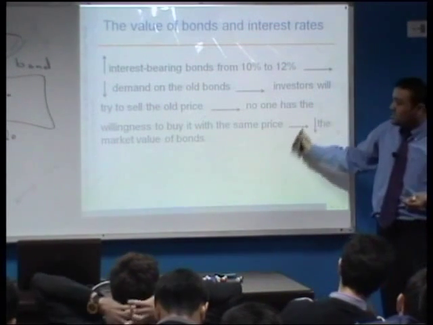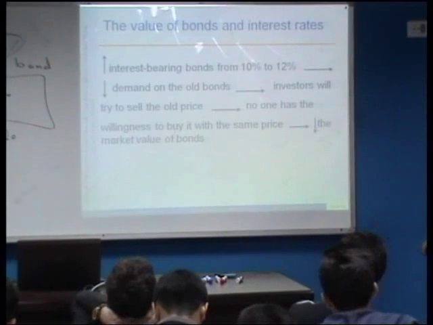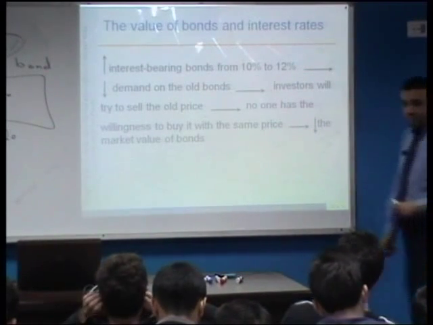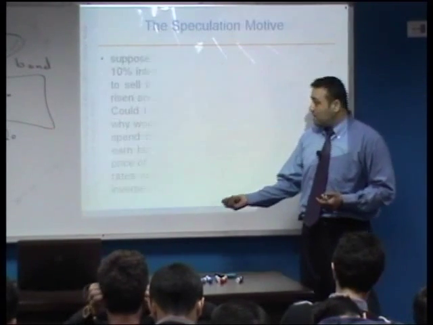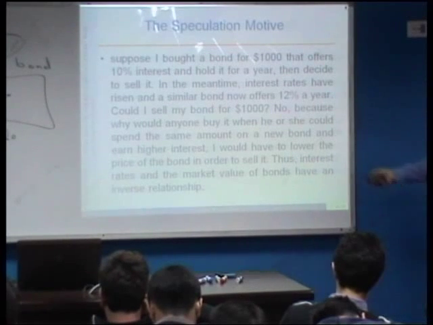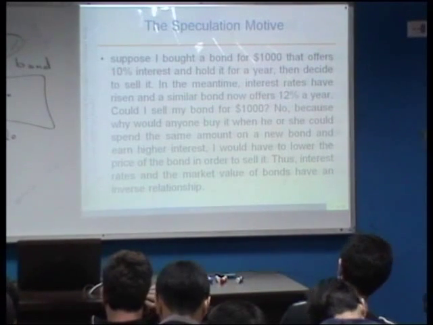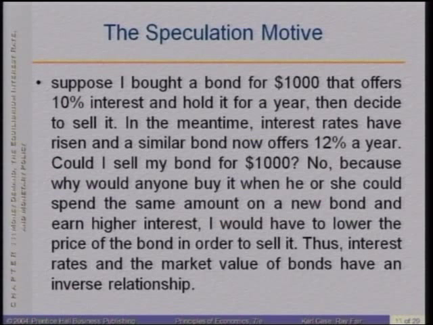So no one has the willingness to buy it at the same price. The market value of bonds would decline. Here's the concept. Suppose I bought a bond for $1,000. واحد مشتري بوند ب $1000. تمام؟ That offers a 10% interest rate and hold it for a year.